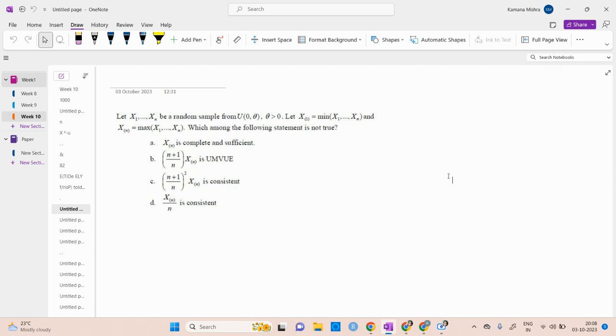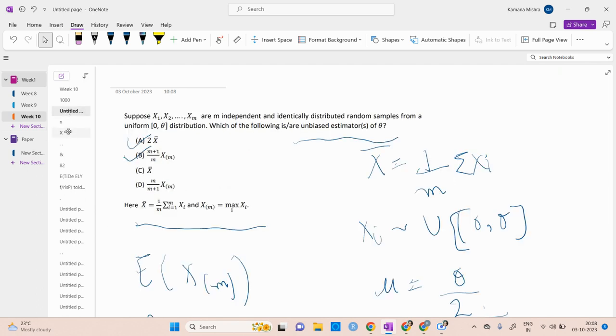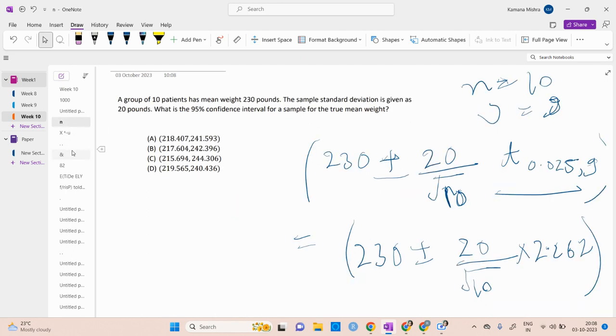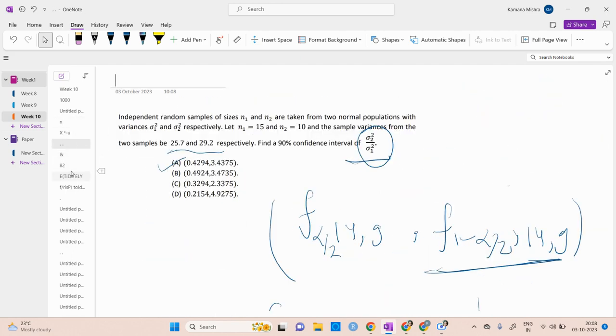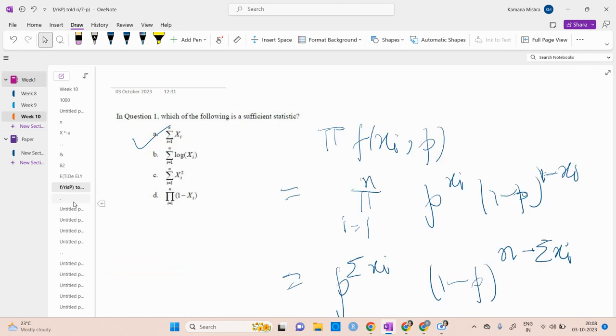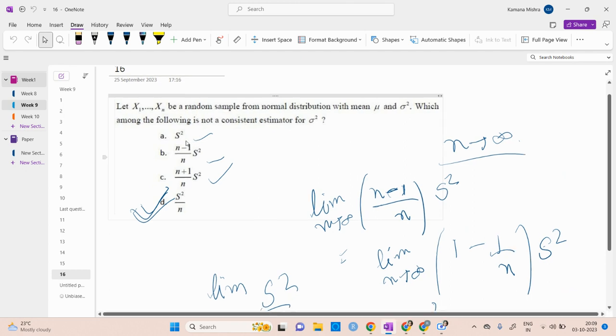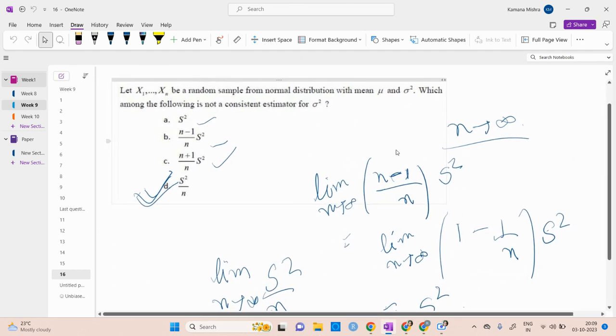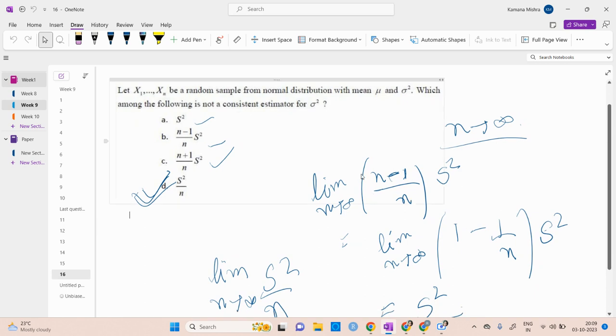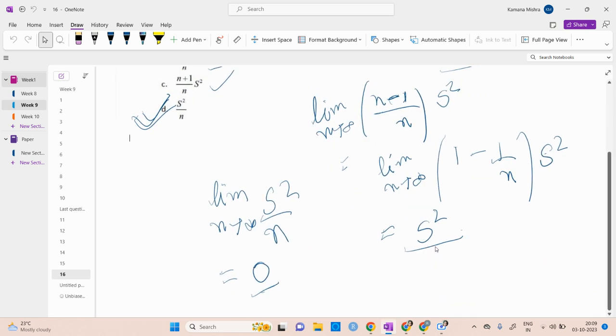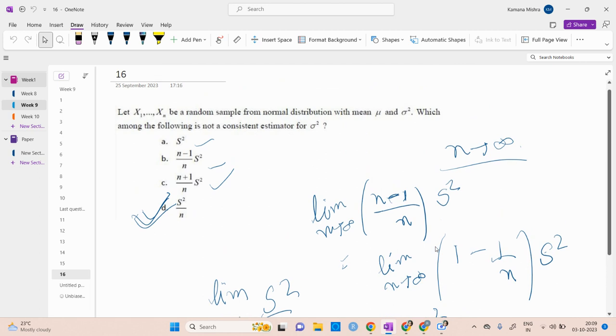Now, remember, I told you in one question, somewhere, I think in the last class, that if s square is the consistent one, then if n tends to infinity and we take a multiple of s square that goes to s square, then it is also a consistent estimator, right?